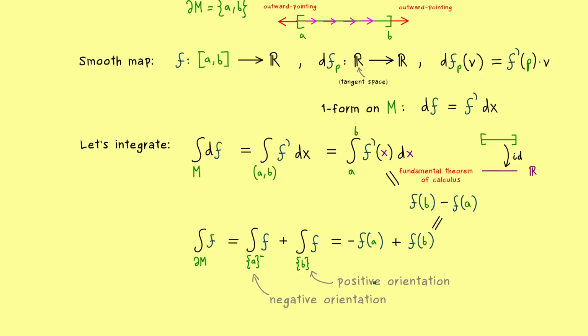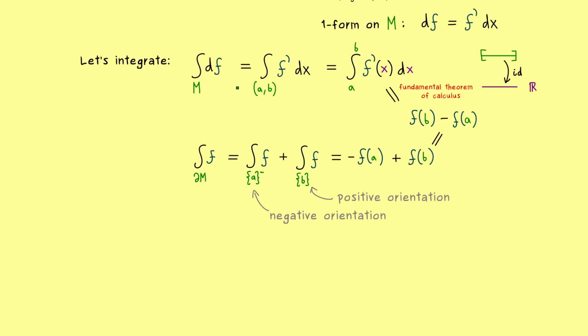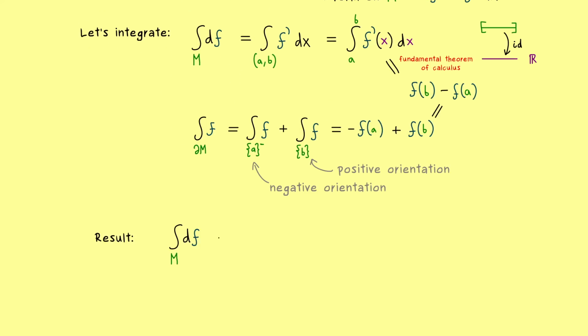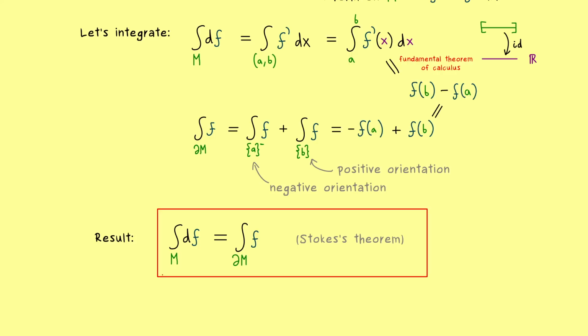Or to put it in other words, for every smooth map f, we have this relation here on the left hand side. So the fundamental theorem of calculus can just be rewritten as the integration of a one form. And it's quite easy to remember because this d here gets pushed into the integral boundary as a ∂. So it's a really nice formula, and I can already tell you this is known as Stokes' theorem.